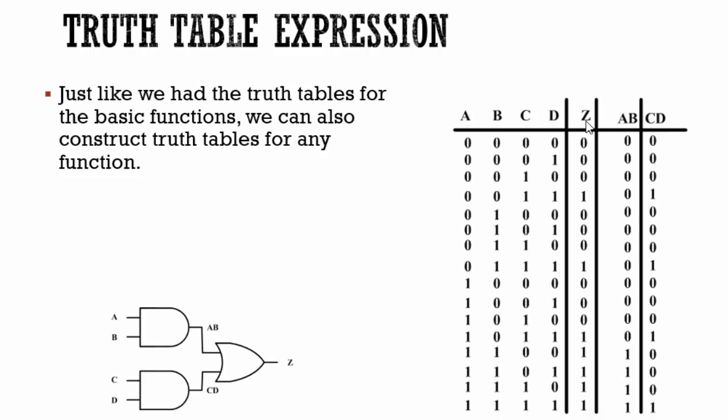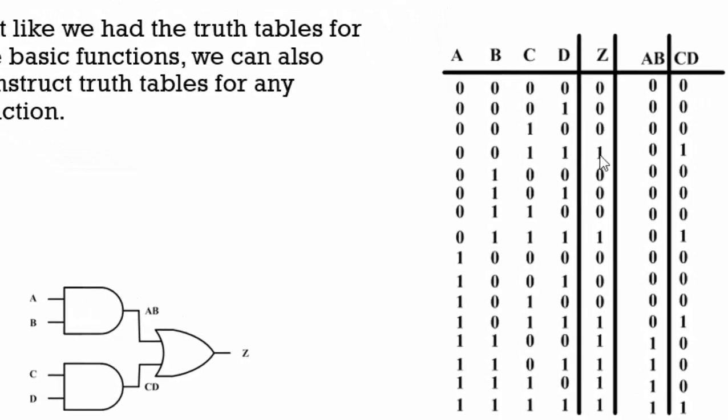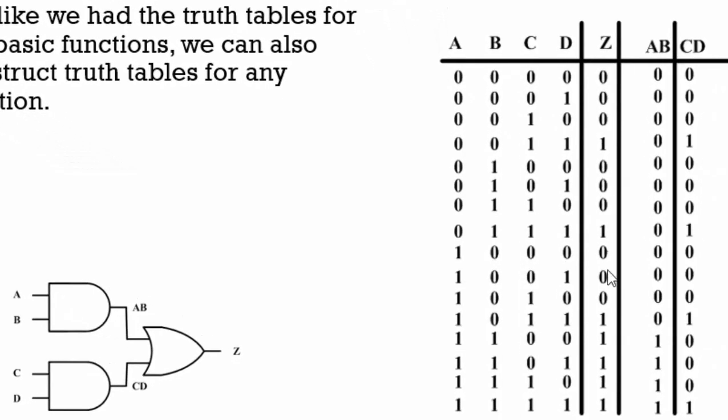You will only have the Z be 1 during these parts here where you have 1. So the CD are ones here.